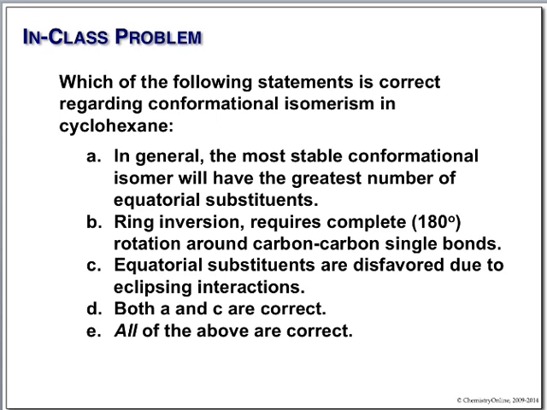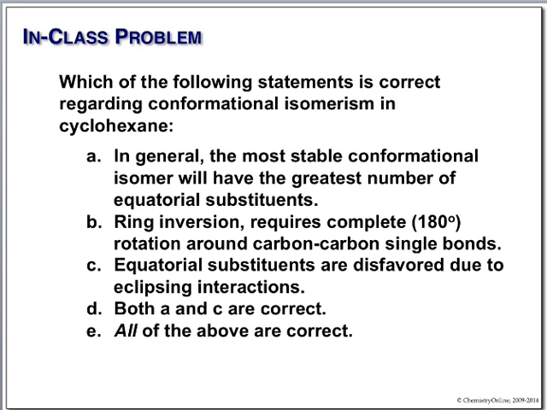Ring inversion requires complete rotation around a carbon-carbon single bond. No, it doesn't. Remember, I was able to take this model and very, very carefully do a ring inversion. I believe it actually did come apart, but that doesn't count. It doesn't have to. If we did 180, it would have to come apart.